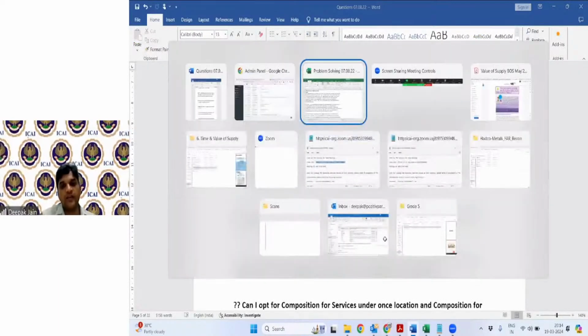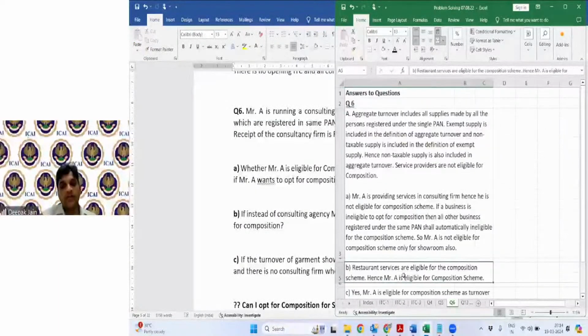In case of B, it will be possible because restaurant services are eligible for composition. Then in question number B, he can go for composition.